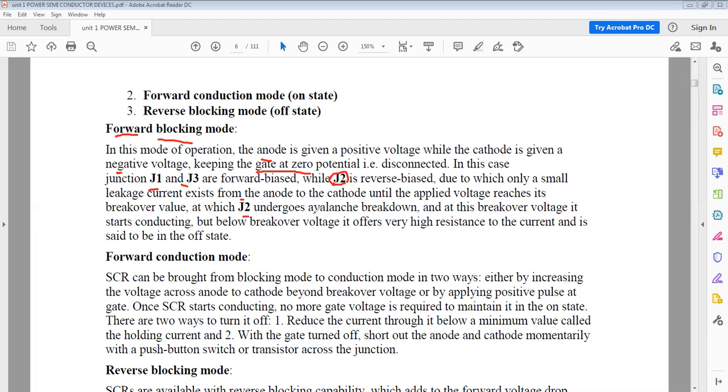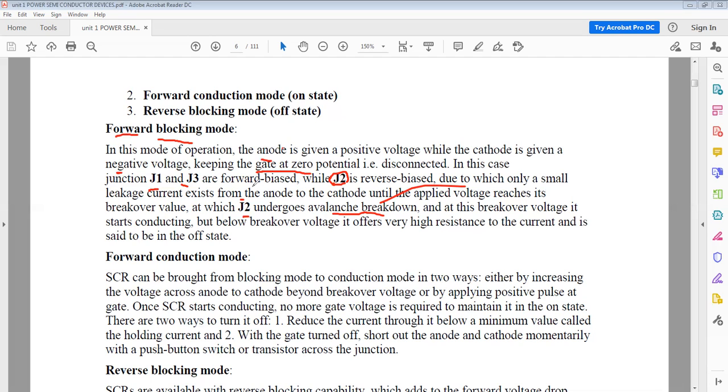Due to this, only a small leakage current exists from anode to cathode until the applied voltage reaches its breakover value. We applied plus to the anode, a positive voltage, and a negative voltage to the cathode, but there is no gate potential, hence it will be in forward blocking mode.